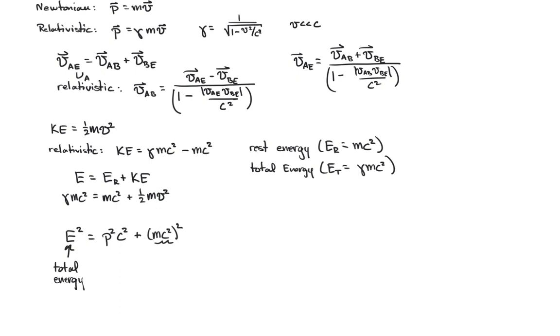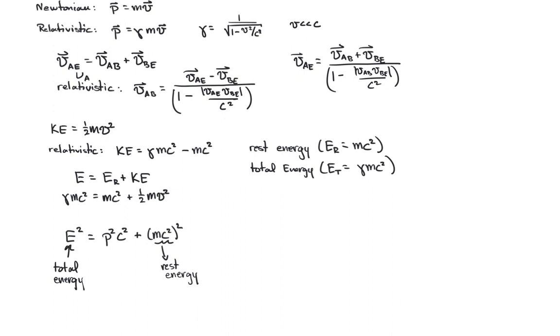And again, this mc squared is our rest energy. And so this equation lets us relate momentum and total energy of the particle. Now, when the particle is at rest, then this term is equal to 0, and then you have E equals mc squared. When the particle is moving, then you have to account for also its momentum.